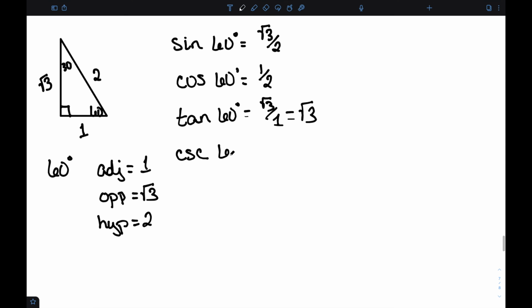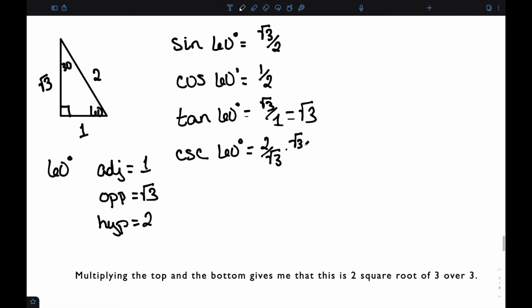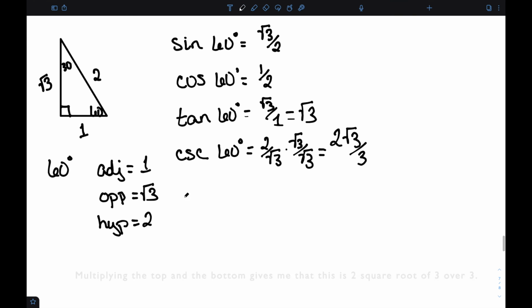Cosecant of 60 degrees. Cosecant is hypotenuse over opposite, so 2 over the square root of 3. Multiplying the top and the bottom gives me that this is 2 square root of 3 over 3.